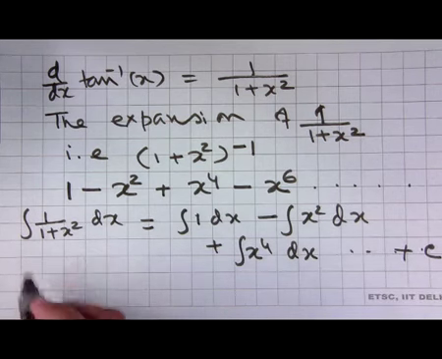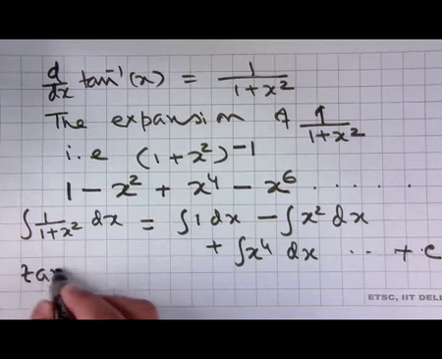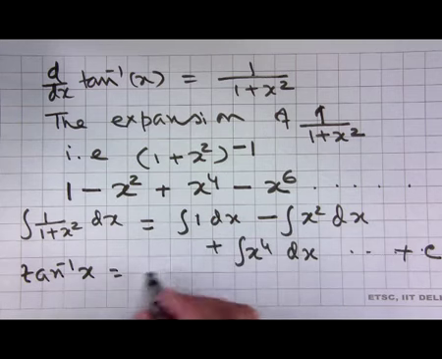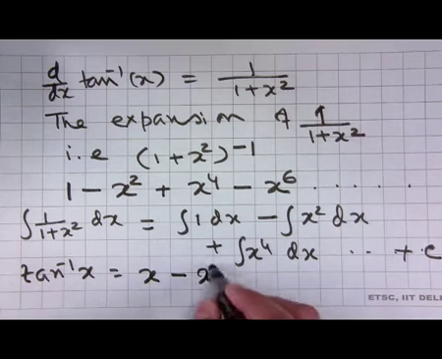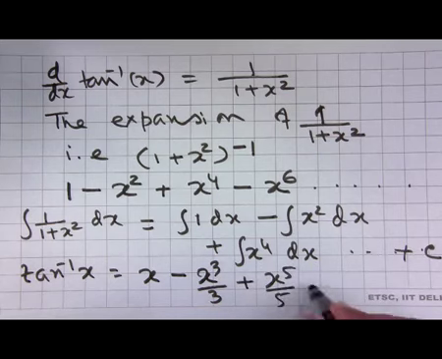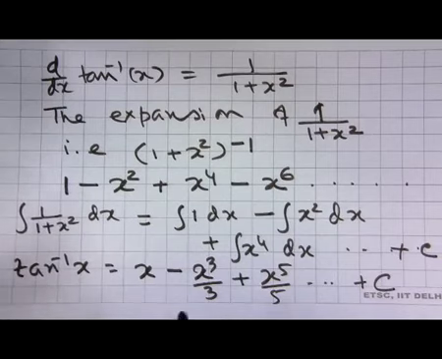Now, the left hand side will give us tan inverse x, and right hand side will give us x minus x cube by 3 plus x 5 by 5 plus c, where c is the constant.